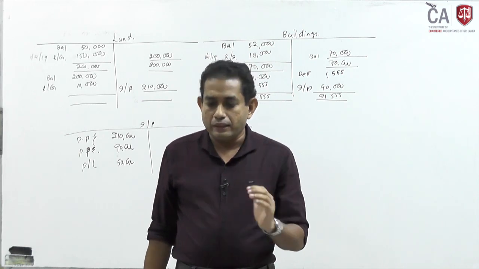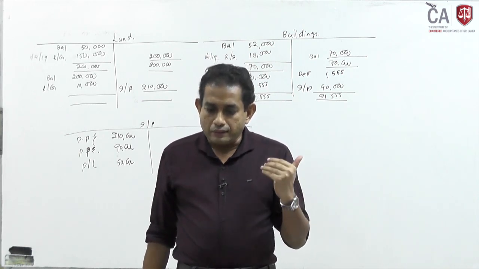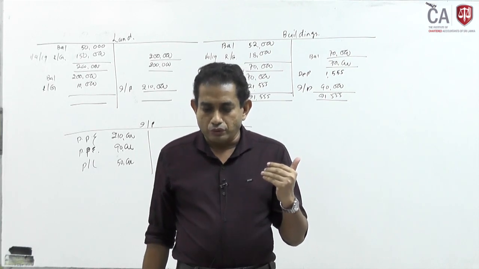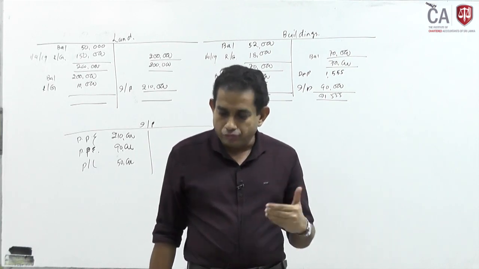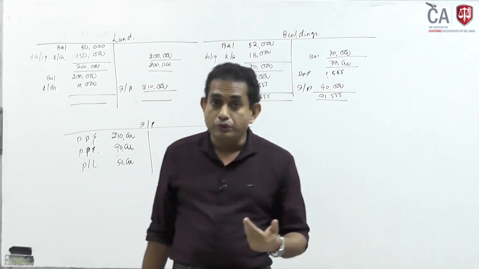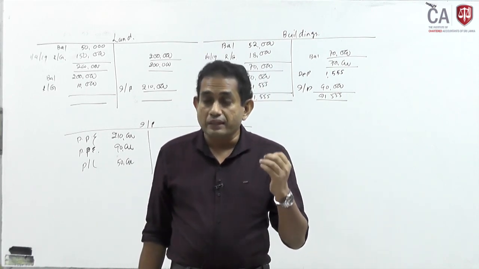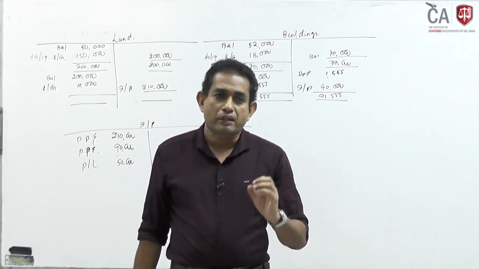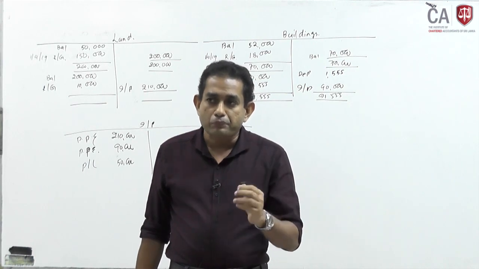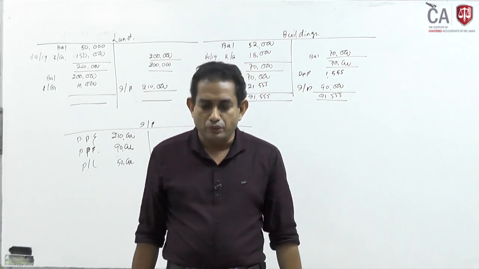You need to say that right until 1st August 2019, the date of the change of use, the property should be recognized under property, plant and equipment, and for subsequent measurement they are using the revaluation model.